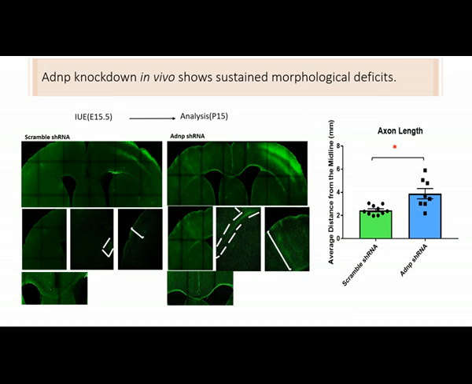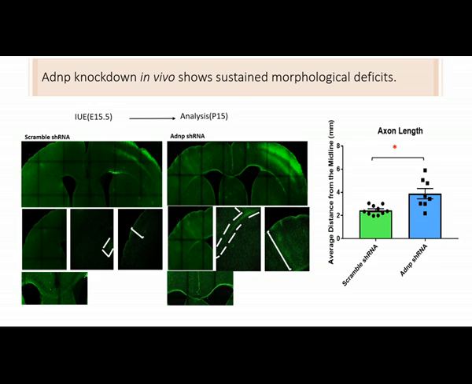We also analyzed if ADNP knockdown affects axon length. We used the same P15 samples. In control neurons, the axon extended and passed the midline, but at P15, the axon projection did not invade into the other side of the cortex.